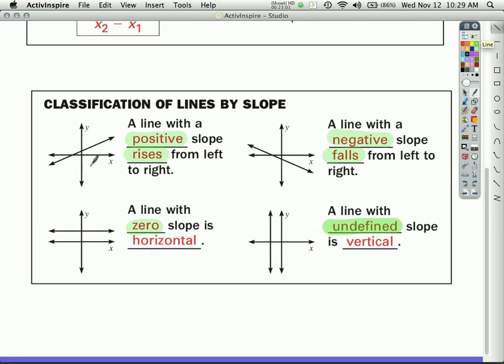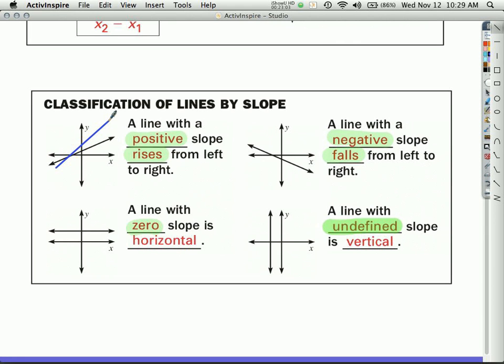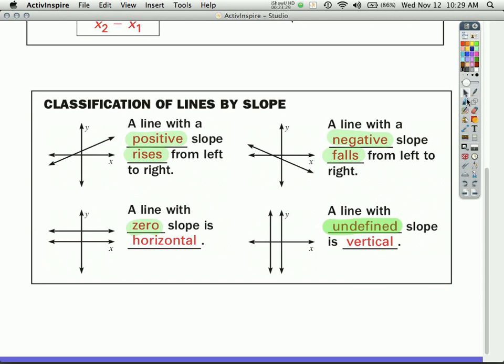It could be that's positive, that's positive, that's positive. Anything like this is going to be positive, that's negative. This would be 0. So you see it's positive, positive, 0, negative, negative. Okay? And so that's what's going on with the different slopes.